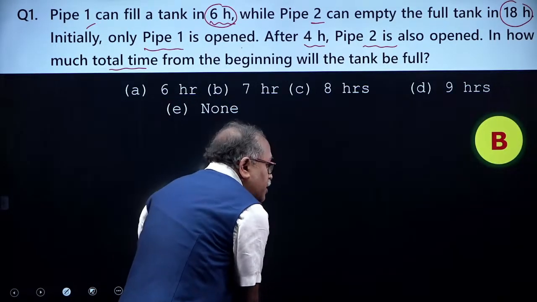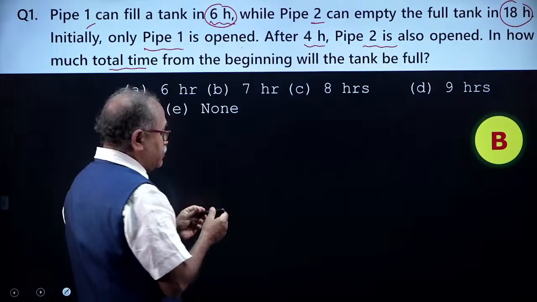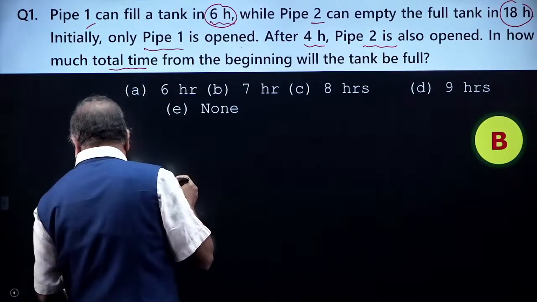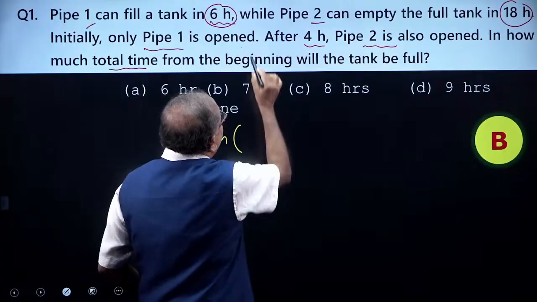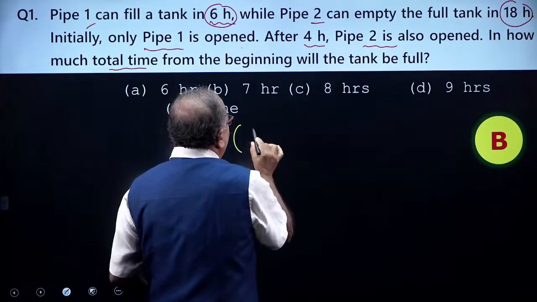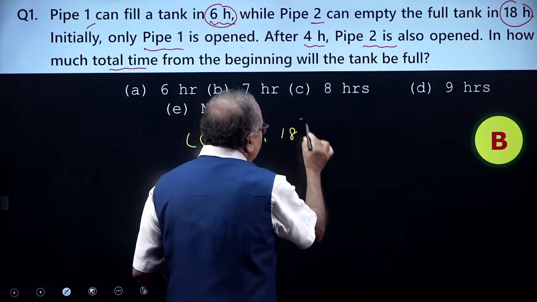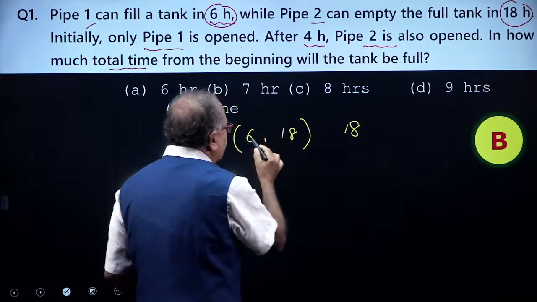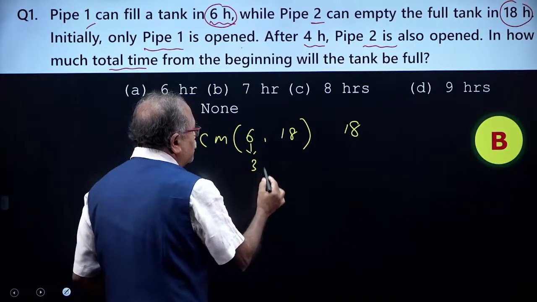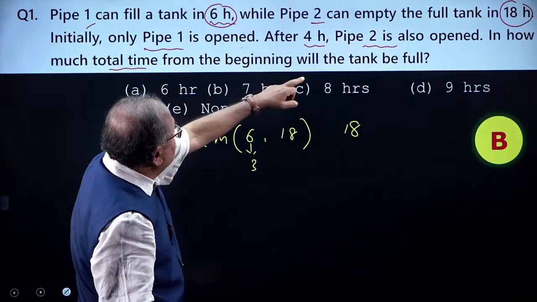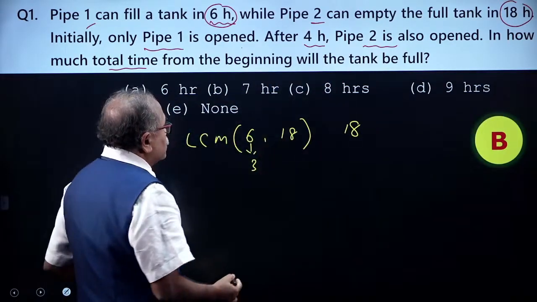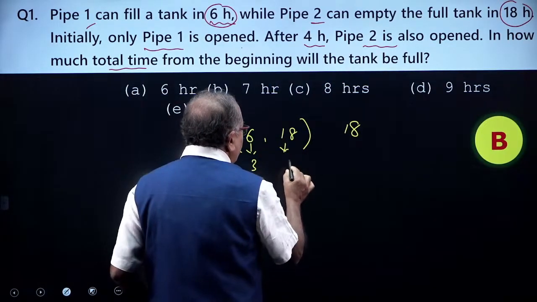What he might have done here is take the LCM of 6 and 18, which is 18. So 18 divided by 6 is 3 parts, and the second pipe, 18 divided by 18, fills 1 unit.